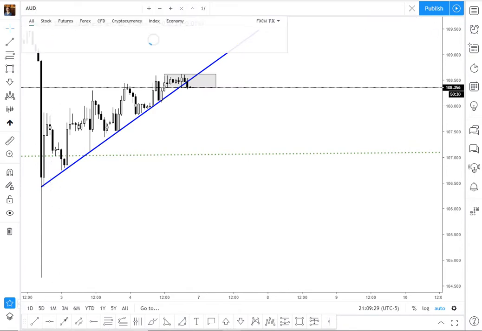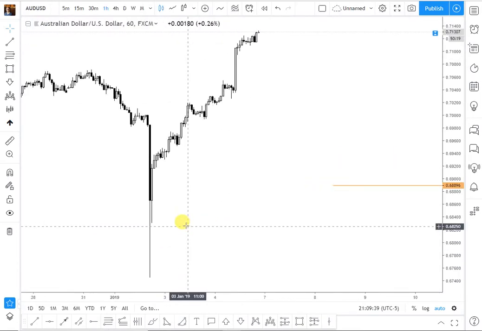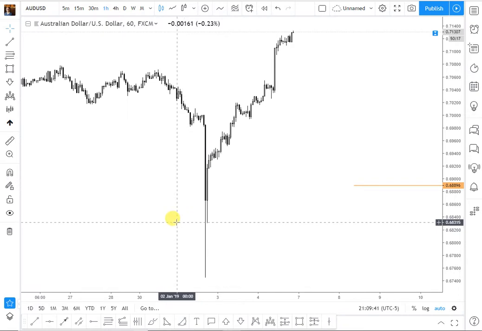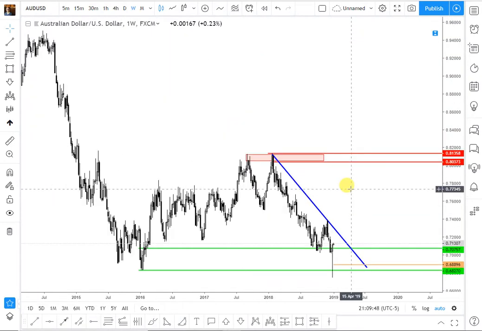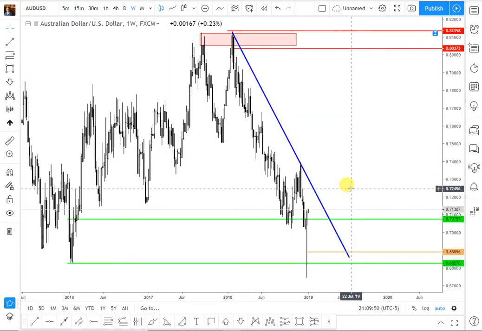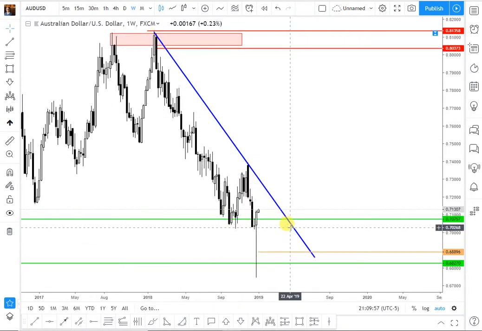Now we will switch to AUDUSD. For this pair, on the weekly time frame, we have a double bottom here. So this is the first bottom, second one, and we have here this weekly resistance line.